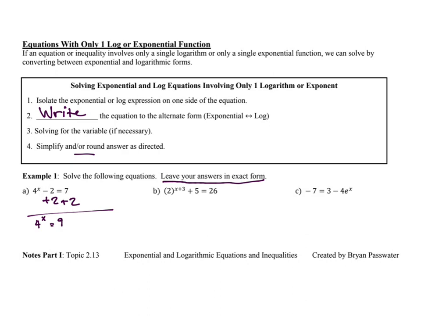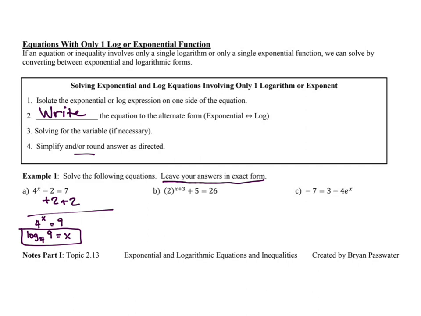So we're just going to rewrite it in logarithmic form. What's my base? 4. So log base 4 of 9 is x. Did we solve for x? Yes, that's a constant. That's a number. We're done. No calculators. At that point, we're satisfied.